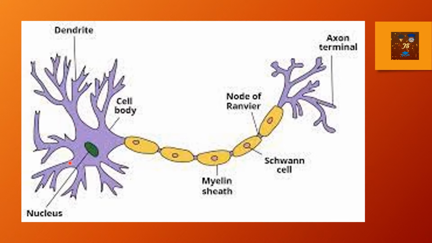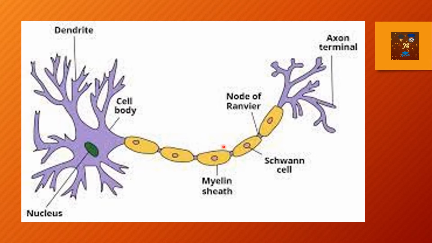Within that we can see the nucleus. And in this drawing you can understand that basically this dendron is joined with the axon. There is a portion present that is known as the axon hillock.